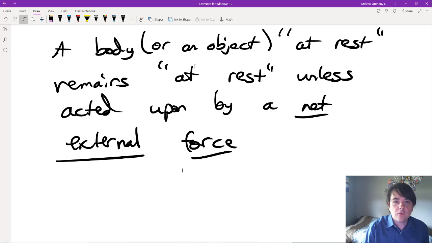So a body at rest will remain at rest unless acted upon by a net external force.